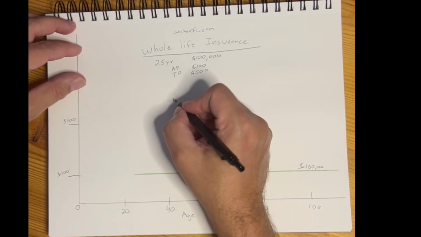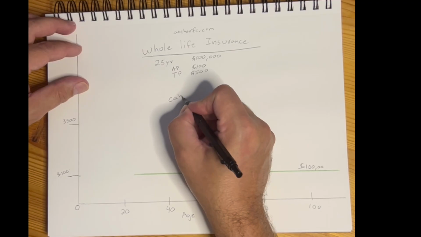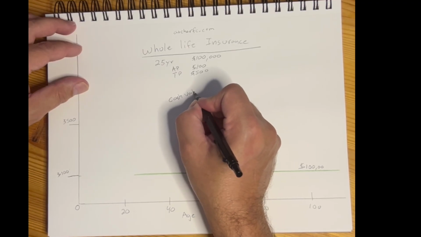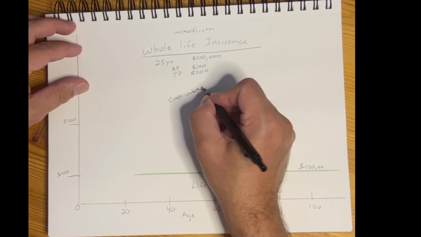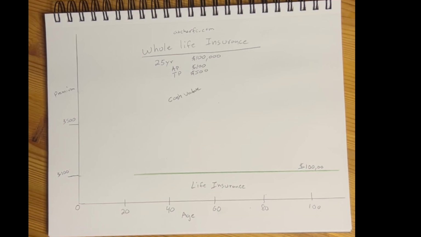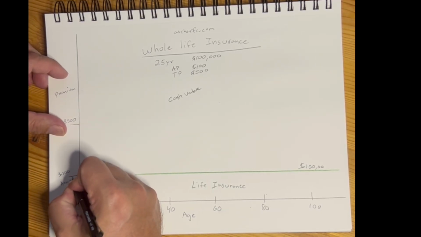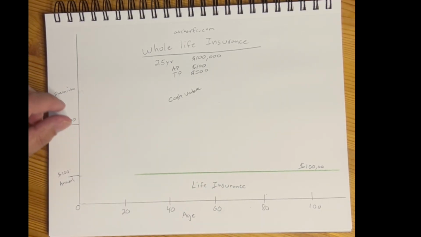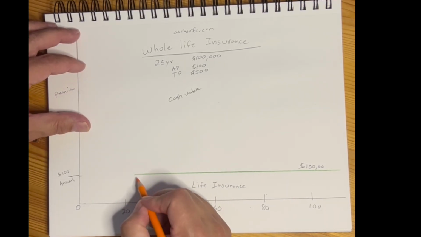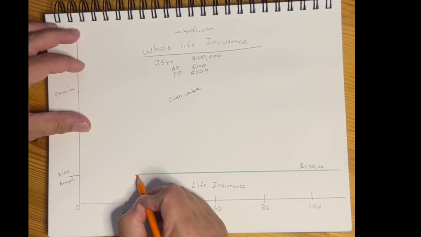Now, we're going to use this part up here to represent the cash value, so we'll represent our annual premium cash value in orange. When the policy first starts, the cash value usually has a small dip.